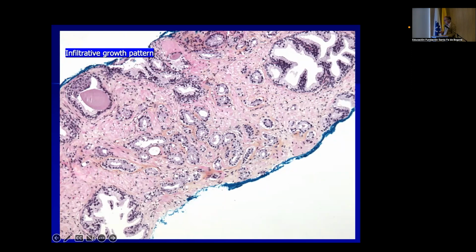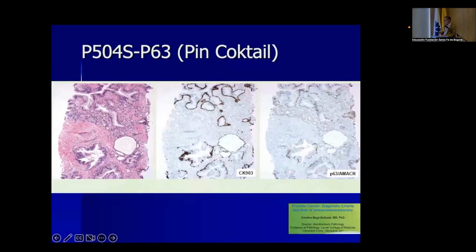This is an important point, that when the tumor appears, it starts to form glands that look like the normal prostate. The pathologists have some tricks to make the diagnosis of prostate cancer. Maybe you find that in your histological reports. This is the use of antibodies, P504 and P63.